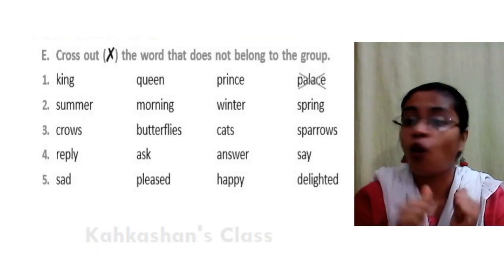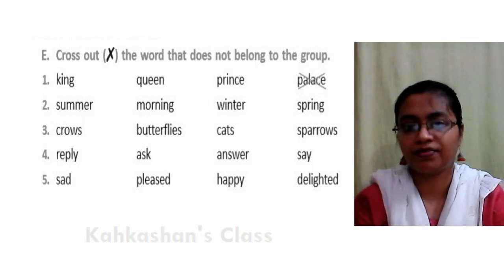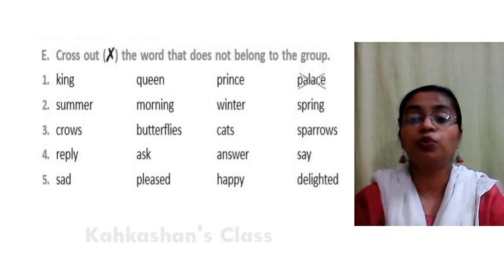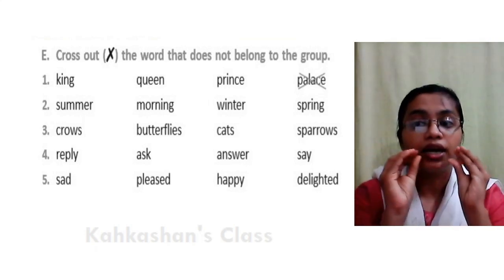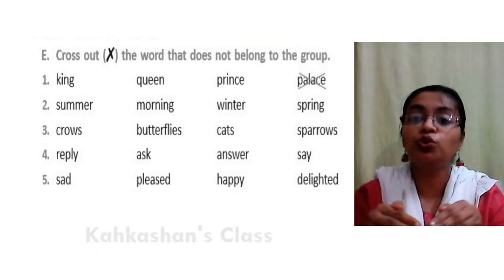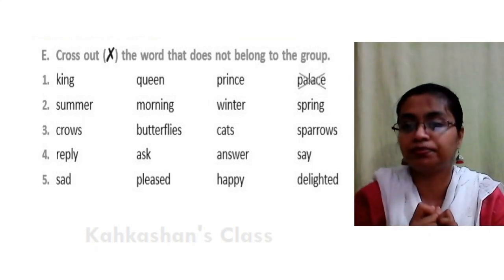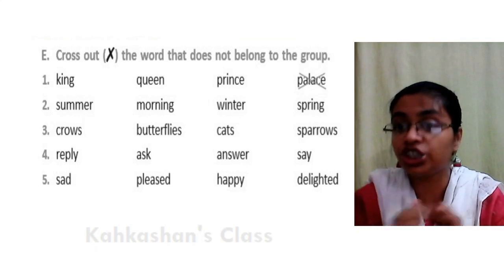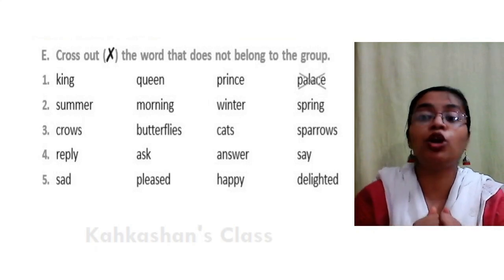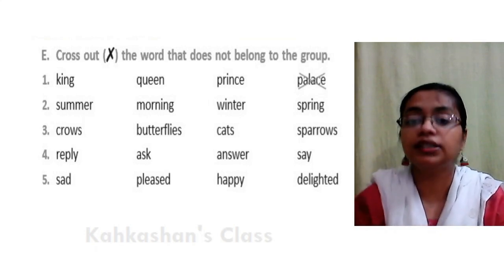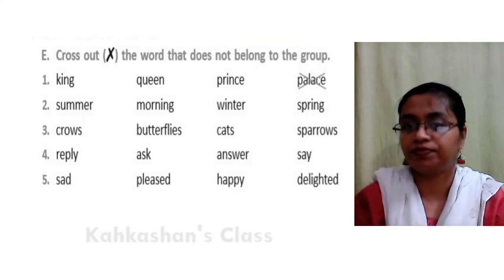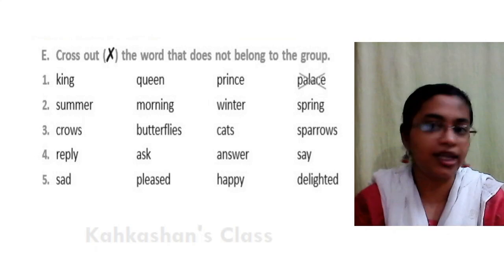So it is the odd one out. So similarly, we have to first find out that these objects fall into which group of item, whether they are kitchen items or they belong to nature or they are clothings, etc. So let's do the worksheet and find out.